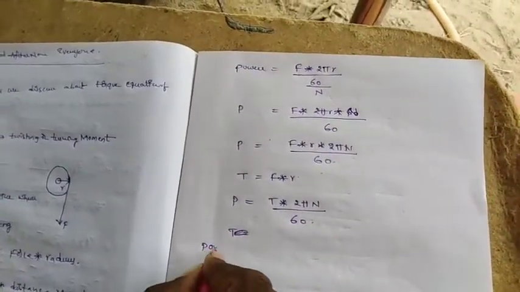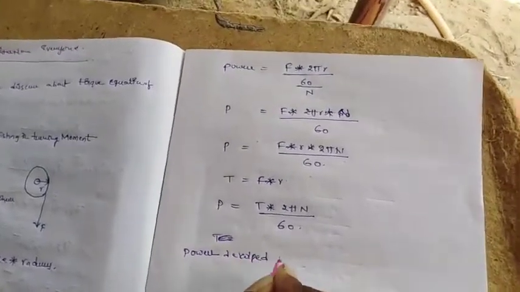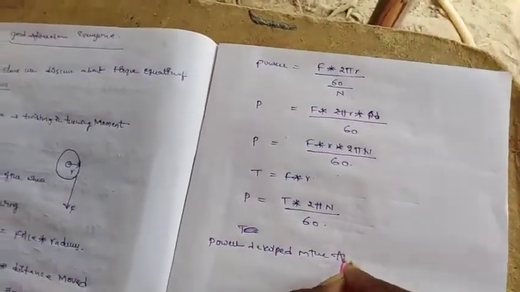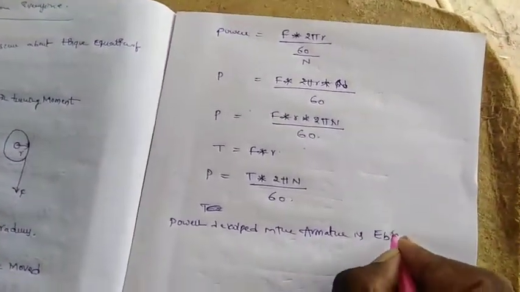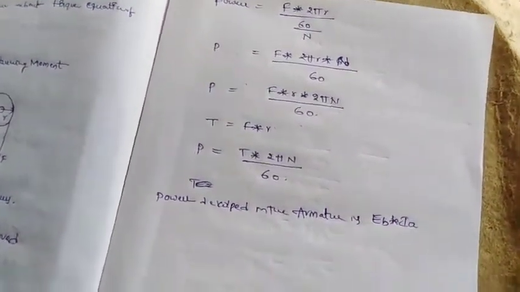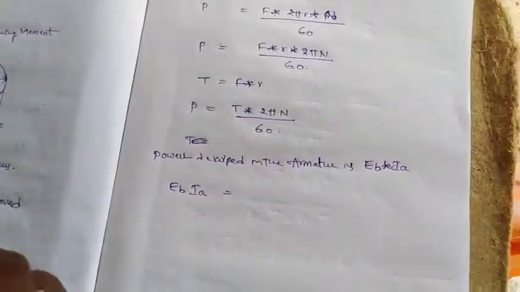So the power developed in the armature is back EMF into armature current, that is EB into IA.